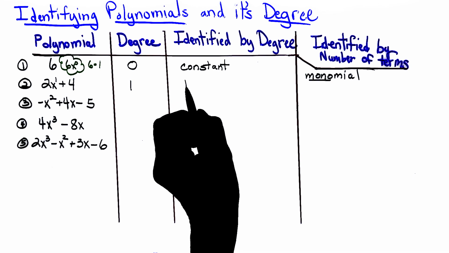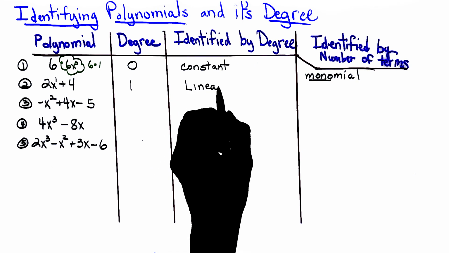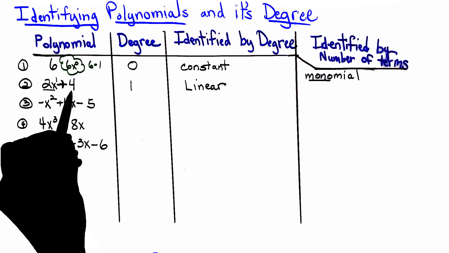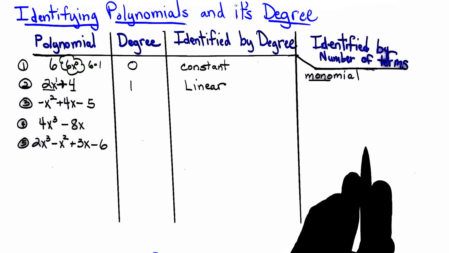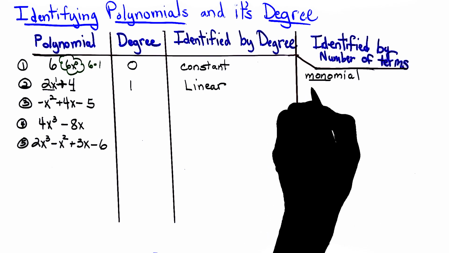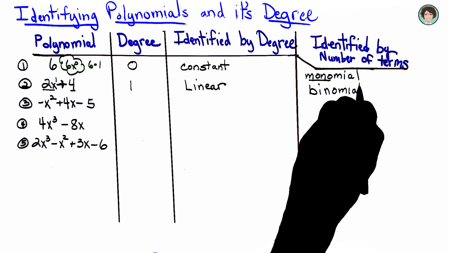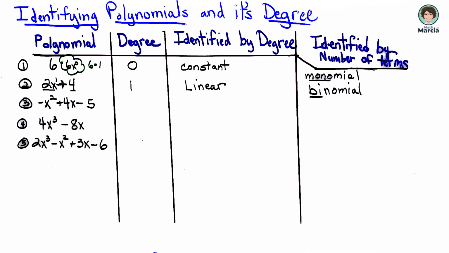So yes, this is linear. And because of the plus sign that we have here, we have 2 terms. And when you have 2 terms, it's called a binomial. And I think of a bicycle with 2 wheels, 2 terms. Just a little thing to help me remember.